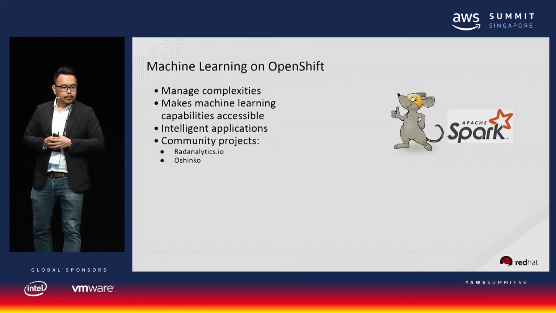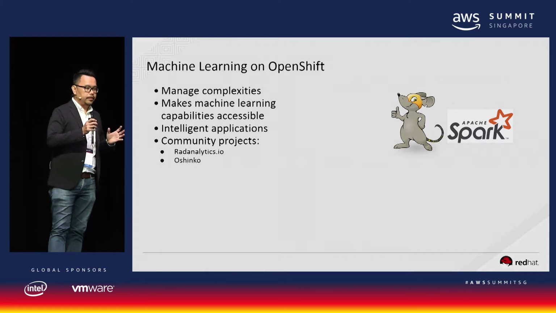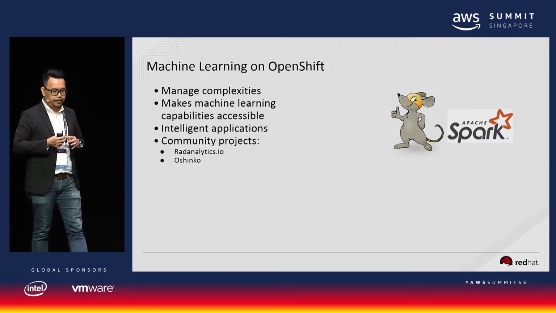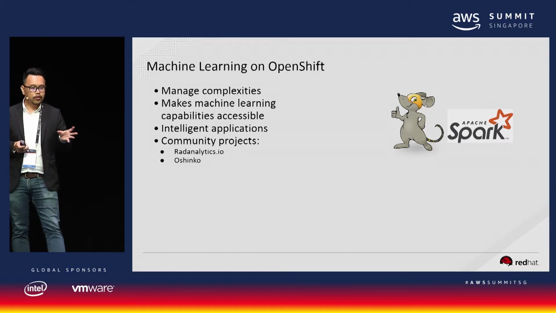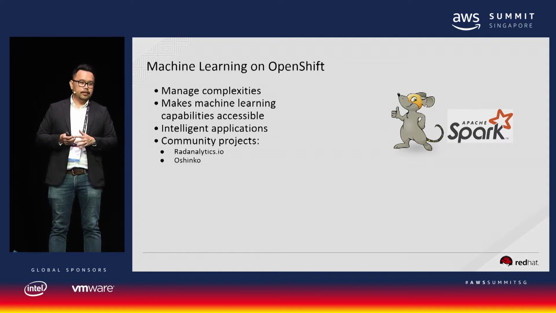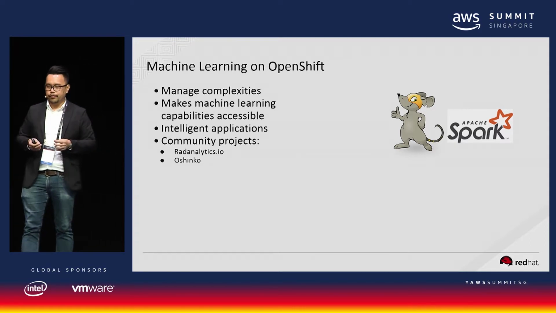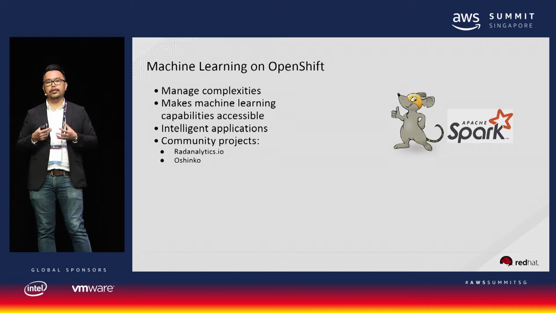Okay, machine learning workload. Again, this is an area that Red Hat has been exploring. More than a year back, we launched a community project called Red Analytics, with the aim of making it easier to deploy and deliver intelligent applications on our platform.